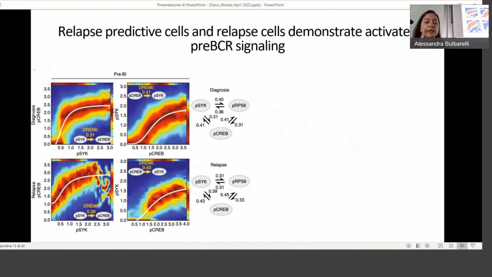But basically, to summarize what these pretty heat maps mean is that between diagnosis and relapse, what we recognized is that as these proteins were acting together in a network, so SYK, S6, and CREB, with SYK being proximal to the B cell receptor machinery, and S6 and CREB being very further downstream, either as transcription factors or readout of protein translation, that these were acting together in a network, meaning as one of them changed, the other two changed. And that their relationship to each other strengthened from diagnosis to relapse.